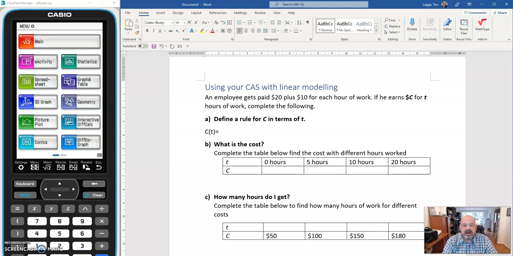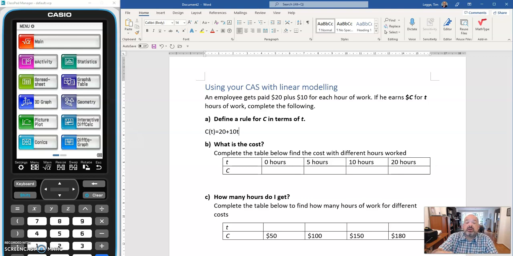Before he does any hours of work, he gets paid $20. And then on top of that, he gets $10 for every hour he works. So $10 times every hour he works. So the rule is C of T equals 20 plus 10T.